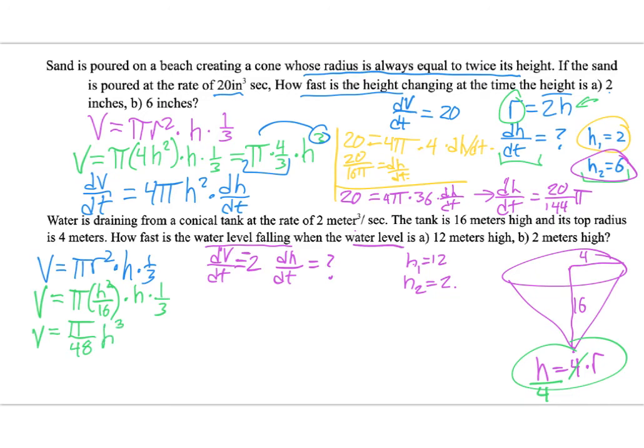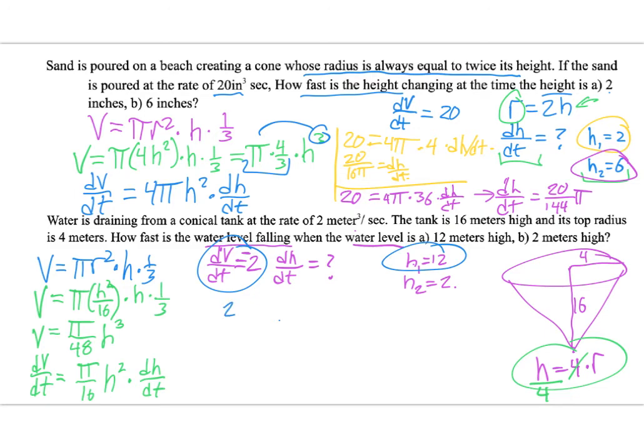Taking the derivative, we've got dV/dt is equal to 3 over 48, which is going to be pi over 16, h squared times dh/dt. All right, we're told that dV/dt is 2, and we've got some stuff to solve. So let's do h1 first.